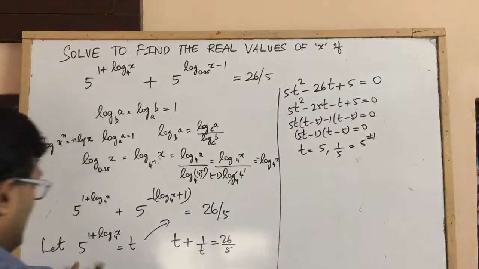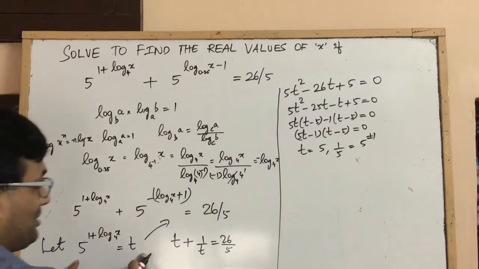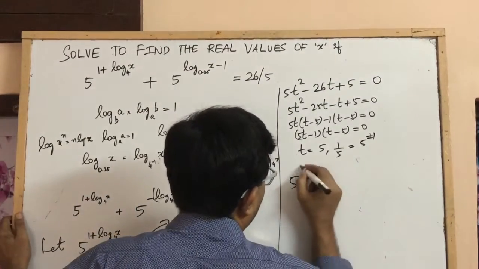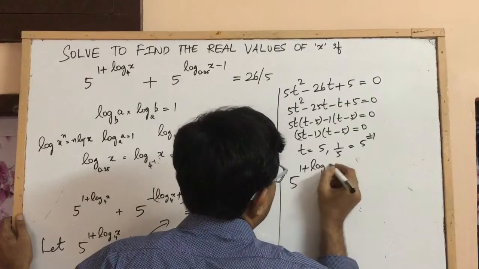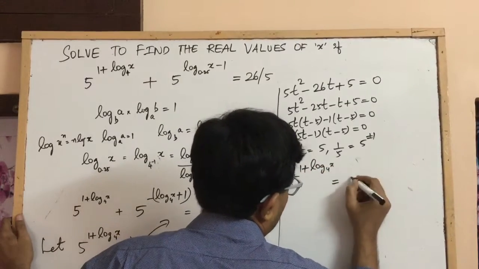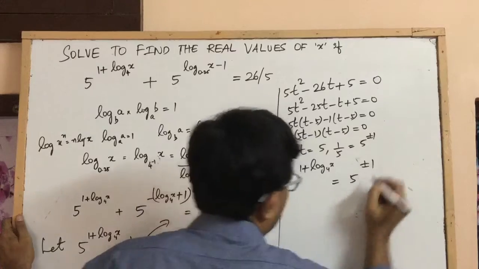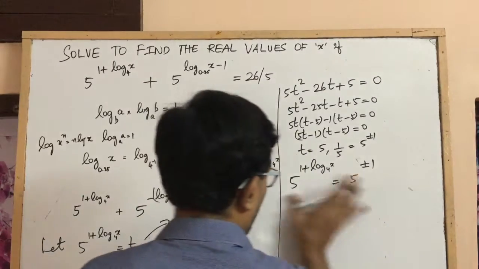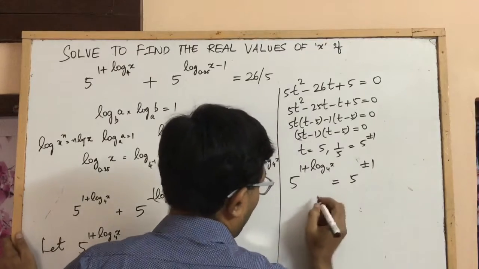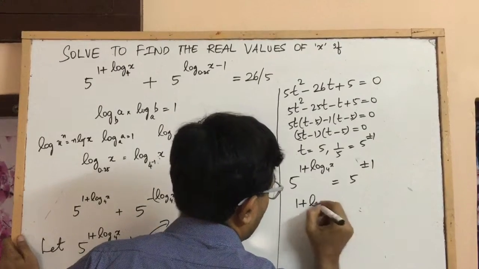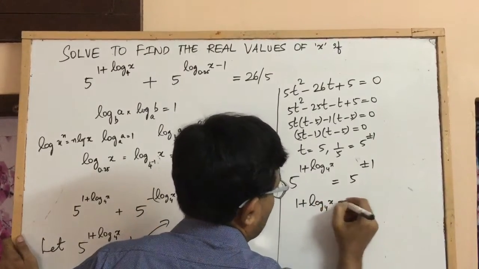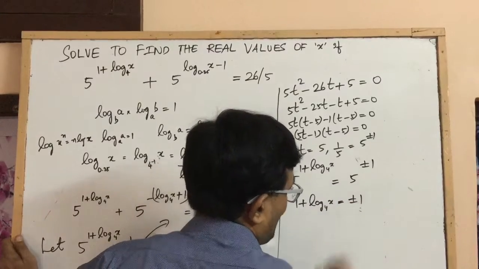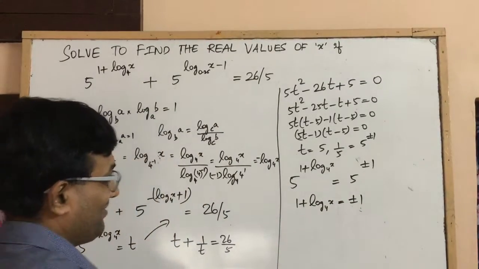Now, what is t? Let's look at our substitution here. That means 5 power 1 plus log x to the base 4 is equal to 5 power plus or minus 1, right? So the bases are the same on either side, so we could equate the powers. So 1 plus log x to the base 4 is equal to plus or minus 1, right?